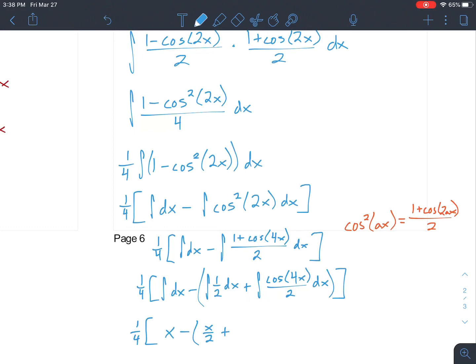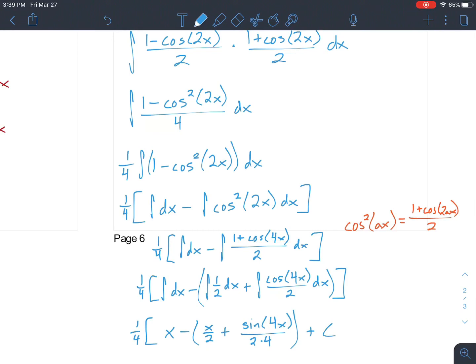The antiderivative of cosine is going to be sine. And remember, we have to also divide by the derivative of the inside. So I put 2 in the denominator, but that wasn't correct because we also divide by 4, so the denominator is supposed to become 8. And then now we got plus c.